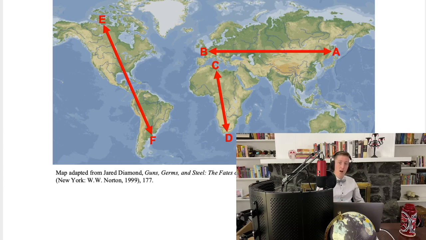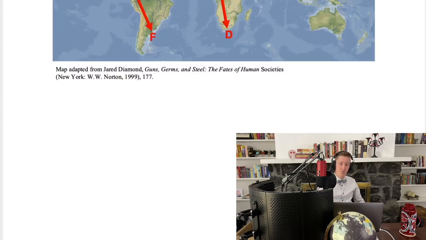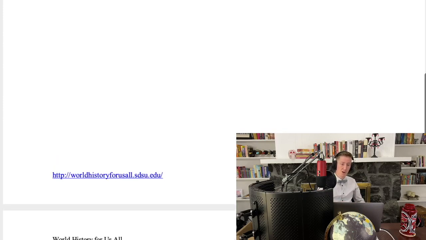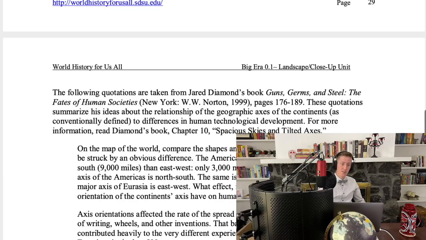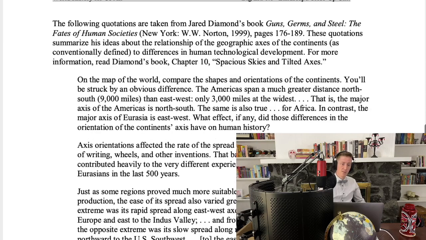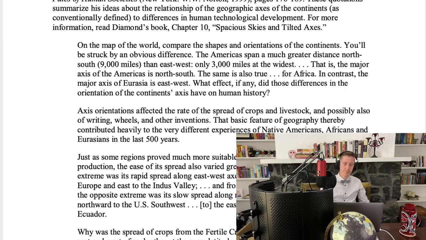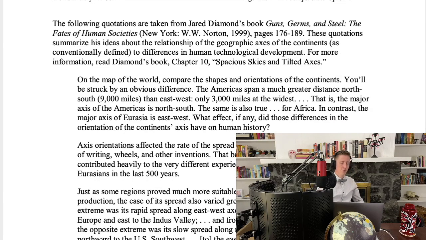So this section we're going to read here is a book by Jared Diamond. He's one of the authors that I base his class on. So let's scroll on down to the introduction. Too far. Just right. Okay. The following quotations are taken from Jared Diamond's book, Guns, Germs, and Steel, The Fates of Human Societies, from pages 176 to 189.